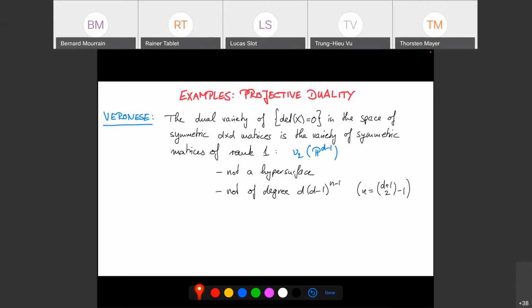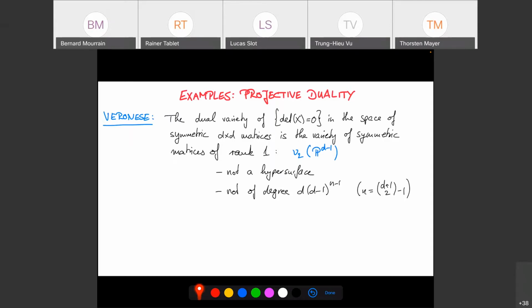That's the zero set of the determinant inside this space, and you can take the dual variety. Formally you have to projectivize, but essentially you can take the dual variety, and what you get out are exactly the matrices of rank 1.